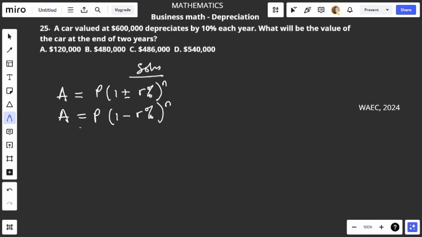So our P here is $600,000. Our rate is 10%.